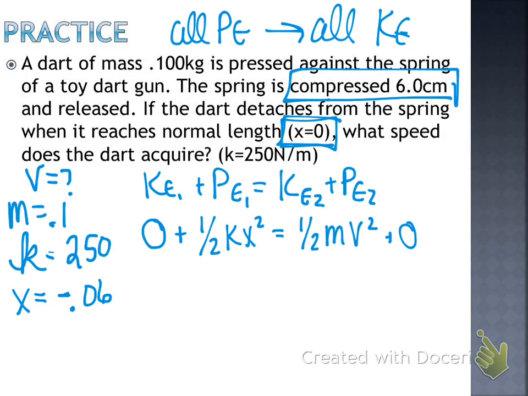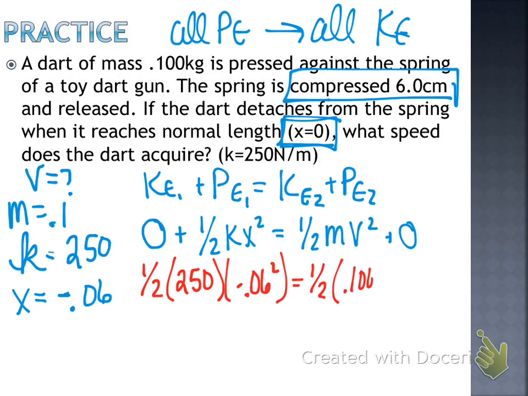So we're going to go ahead and plug in here 1/2 times our spring constant, which is k, times x squared, is equal to 1/2 times our mass, and we're solving for velocity. Okay, so let's go ahead and look at the math here.